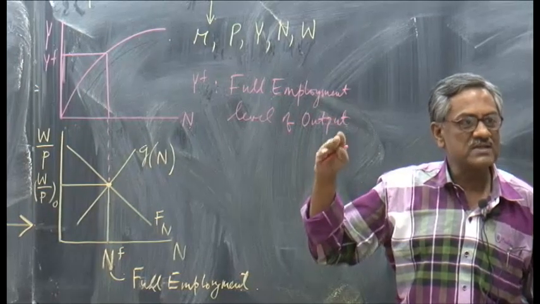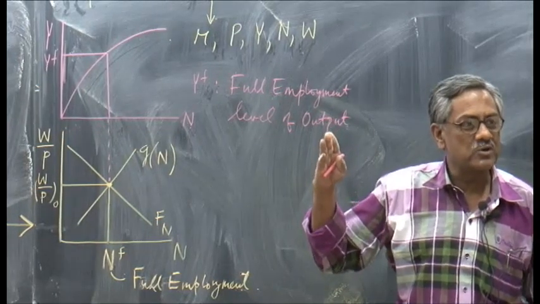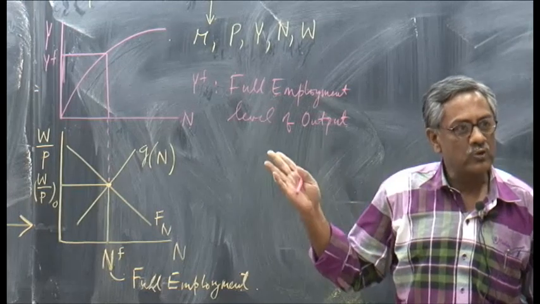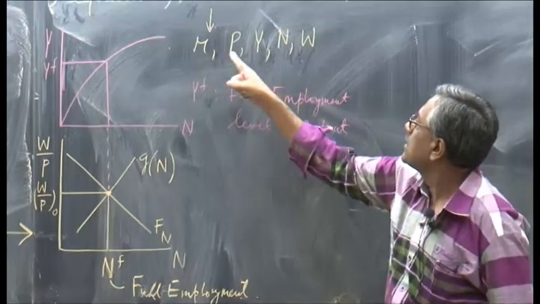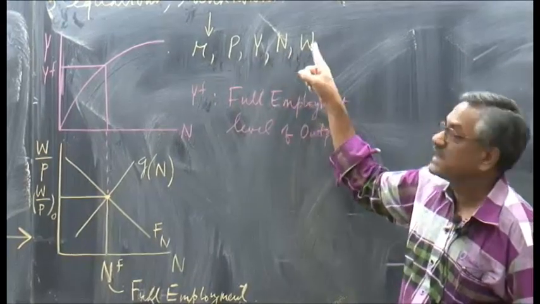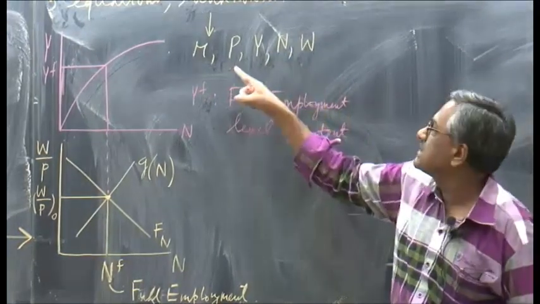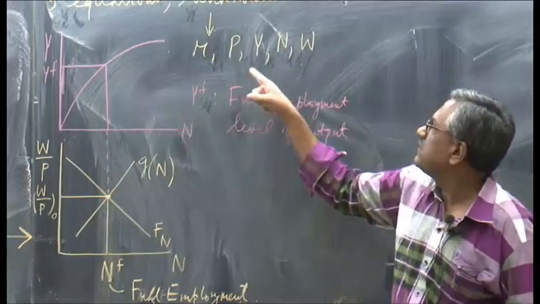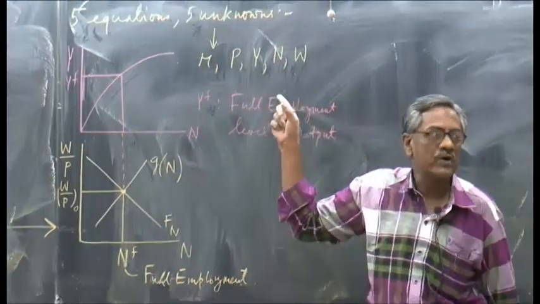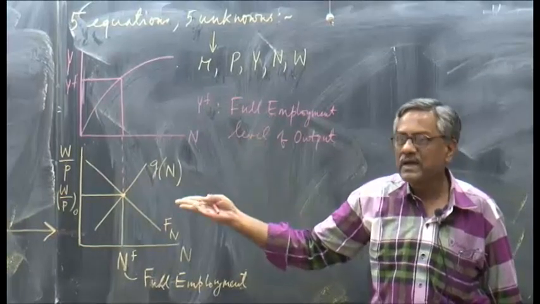The R value, where savings is equal to investment, is the equilibrium condition in the goods market. So R is done, Y is done, N is done, and W over P is done. But I need the symbols W and P. So I need the P from 2. If I have P from 2, where would I get the W value?